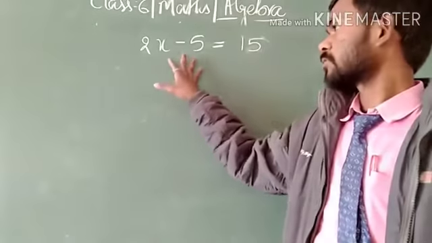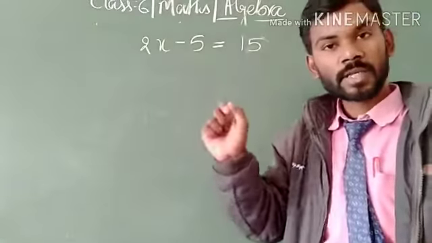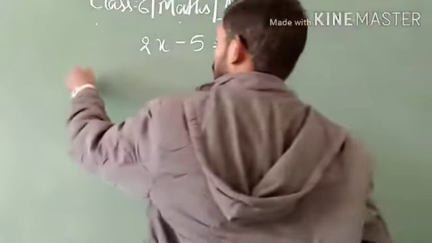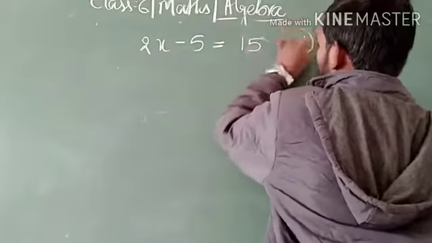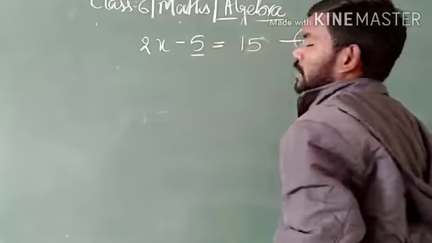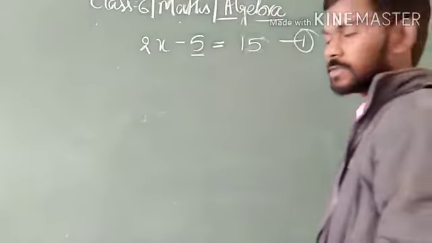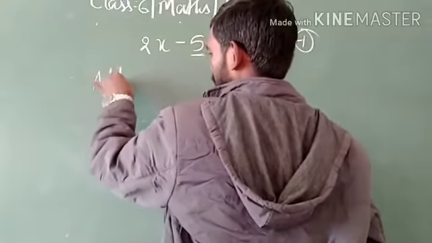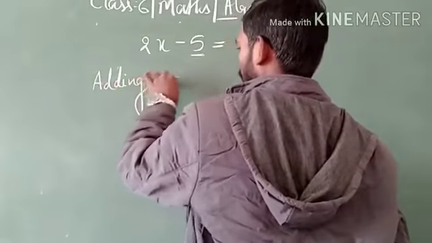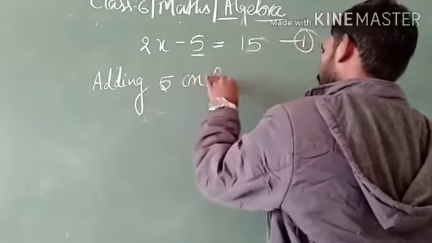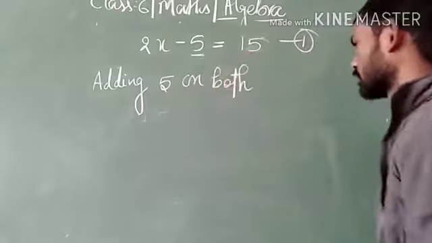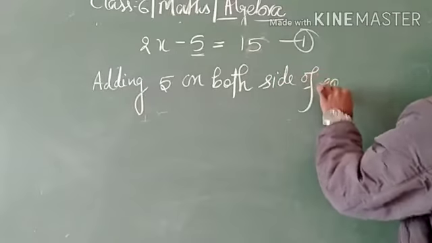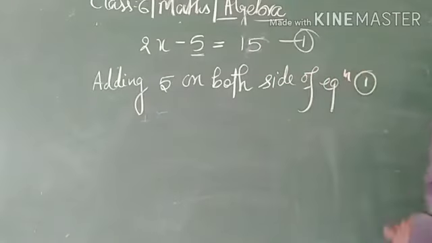Okay, so in order to separate them, we follow the same rule one by one. So first of all, here we can see that 5 is subtracted. Therefore, we shall write here adding 5 on both sides of equation 1.